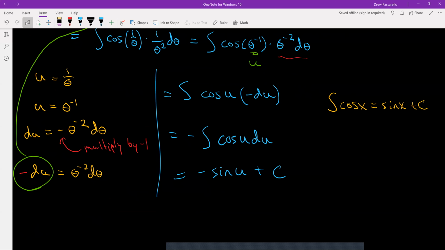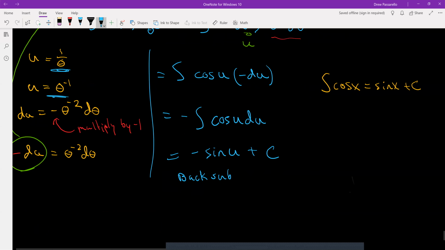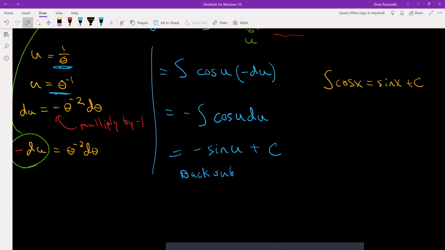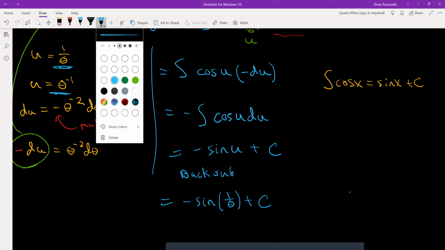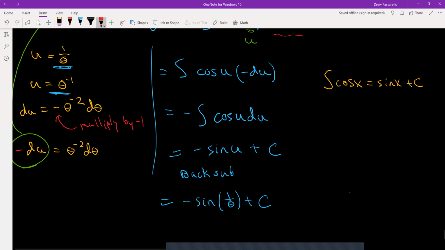And then I just back substitute. u is theta to the negative 1. Well, theta to the negative 1 is the same thing as 1 over theta. So I'm just going to go ahead and write it as 1 over theta. All right, so that's going to be the answer for this one.